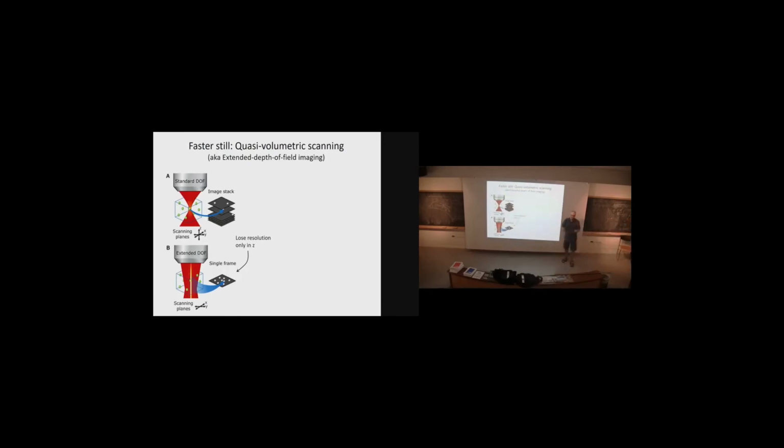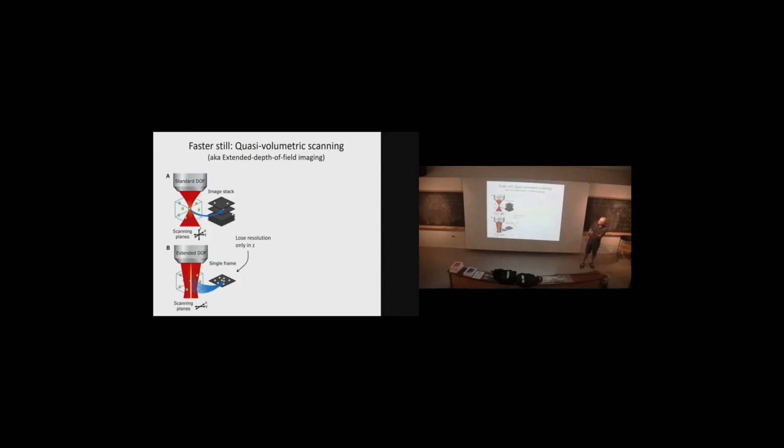If you want to go faster still, another way to get around it is to forget about volumetric imaging. Forget about standard, ideal volumetric imaging, where you have pixels, voxels that are 3-dimensionally resolved. What if you decide to sacrifice resolution along 1 dimension?